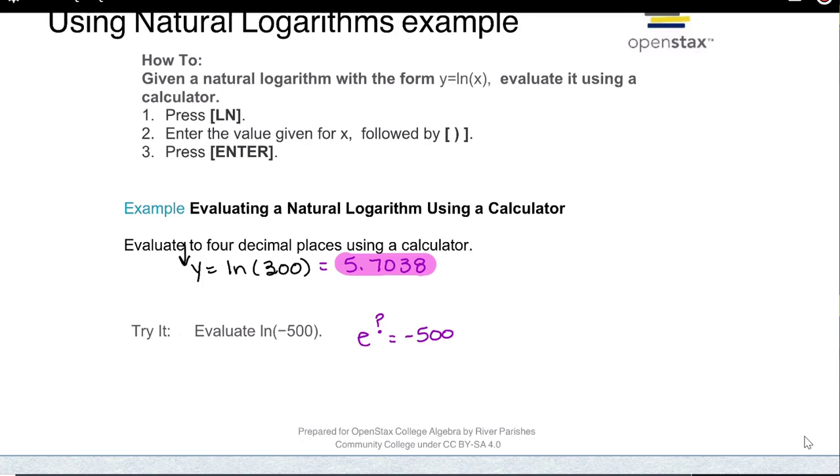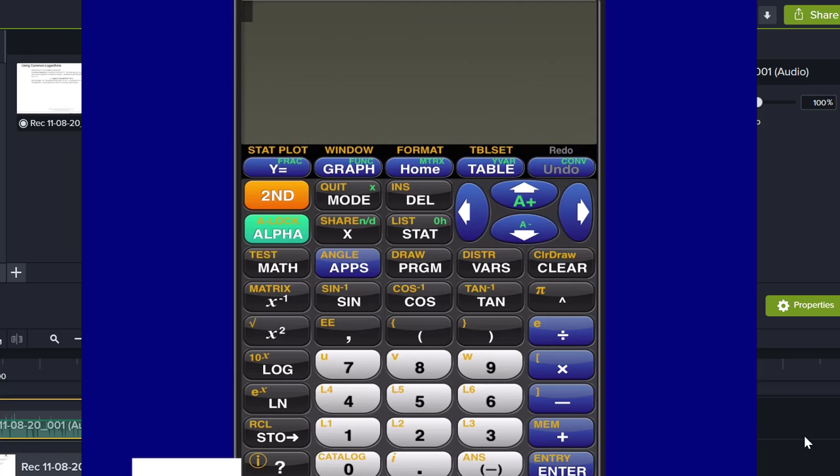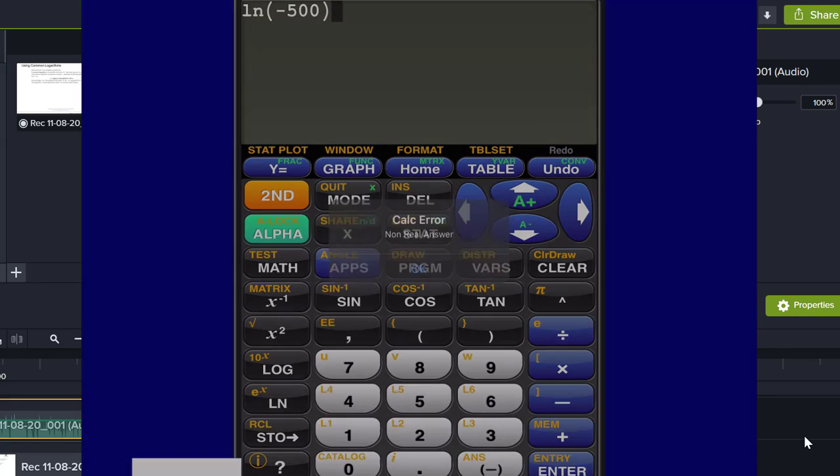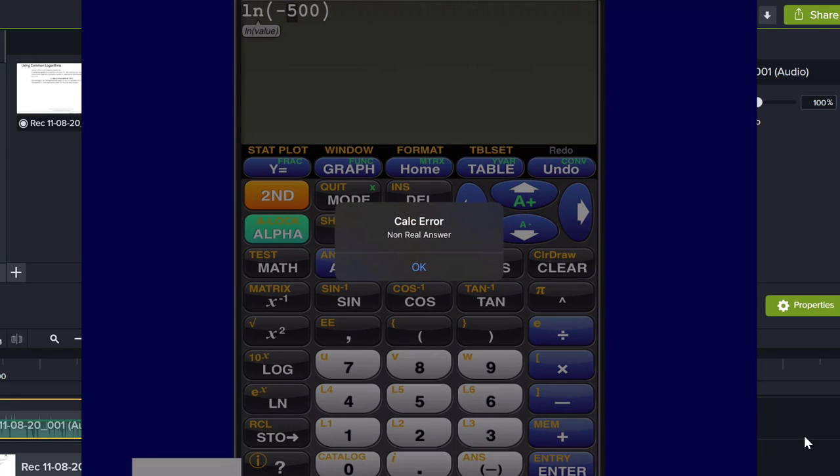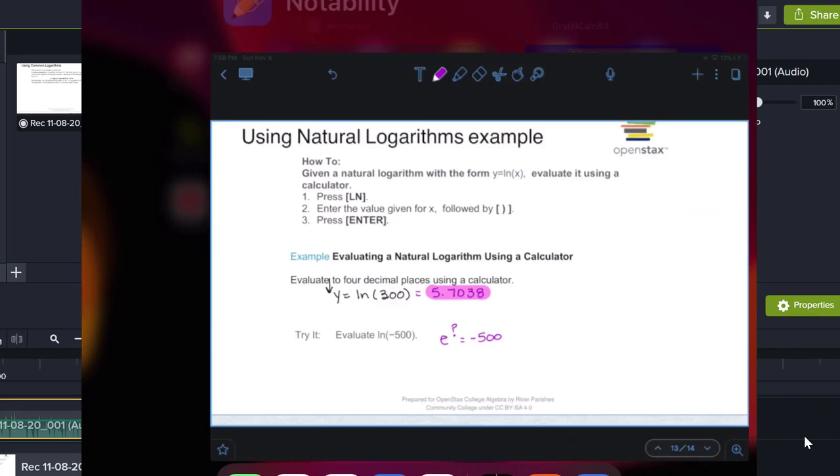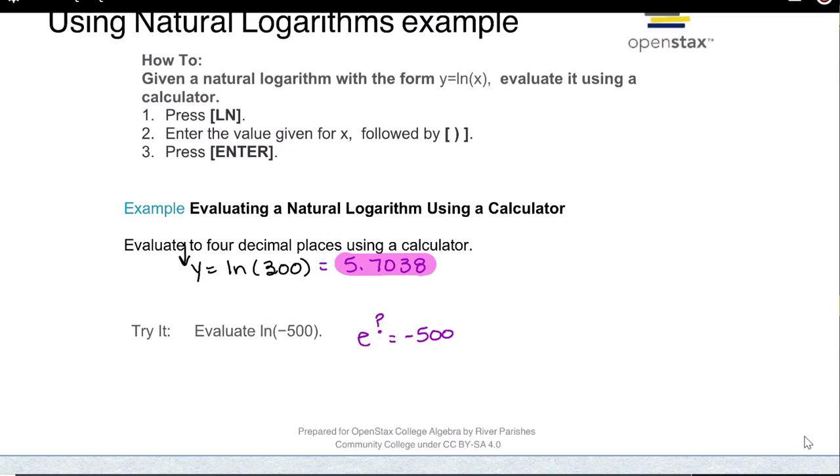Even if you take e to the 0, that's going to give you 1. If you take e to a negative number, that's going to give you a fraction, but it's not going to give you a negative number. So let's look at what happens in the calculator when that happens. If we do natural log of -500, it says calculator error, non-real answer. For this last one, I would say it's undefined.